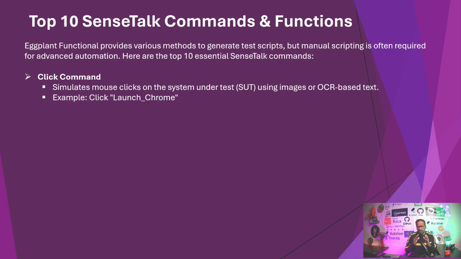As I told you in my previous video, Eggplant is totally AI driven. It actually interacts with the objects or elements of your system under test based on images or OCR-based text, just like how an end user interacts with the application.